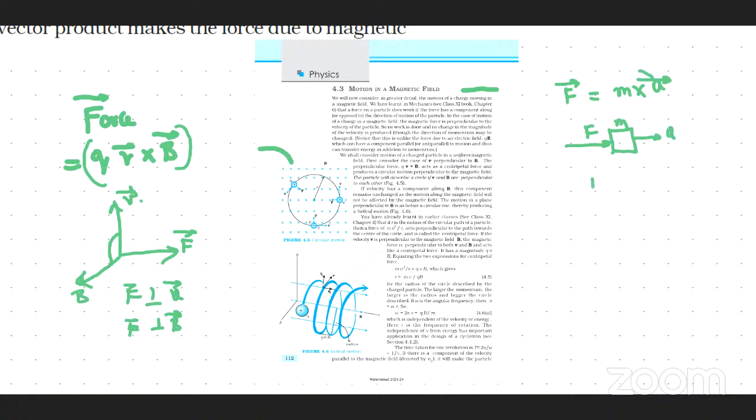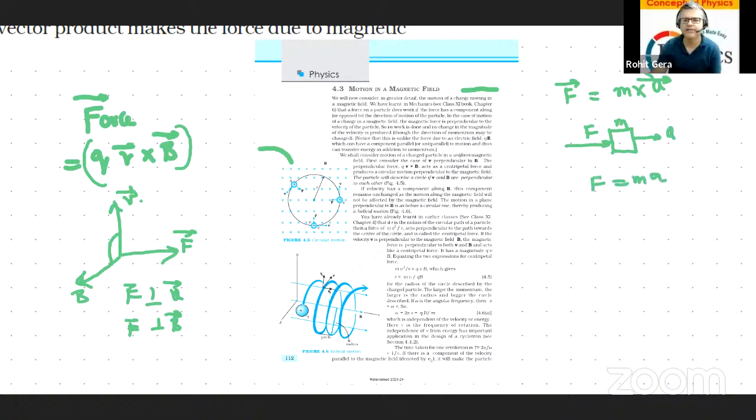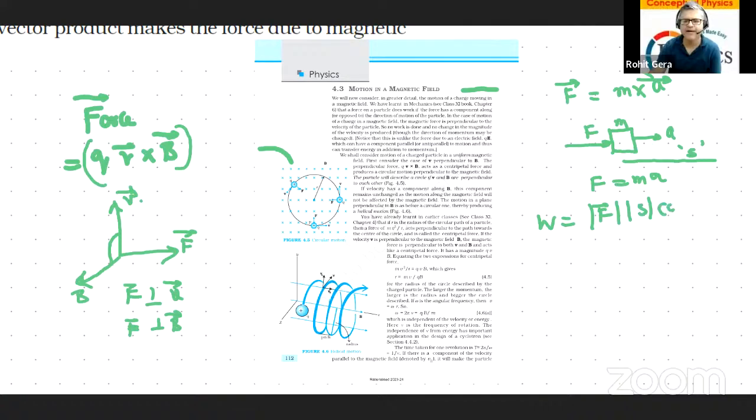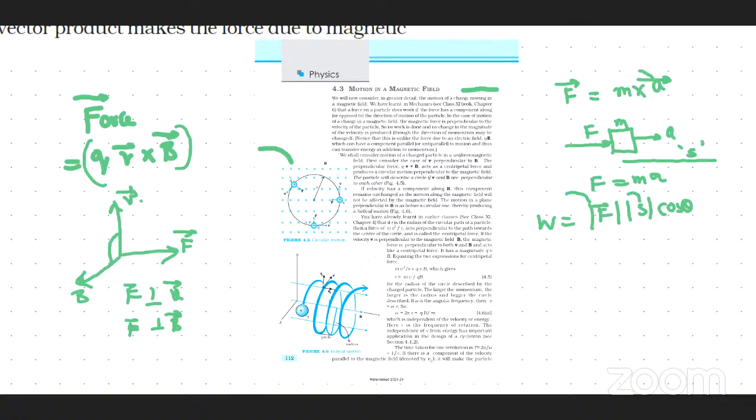And since you're accelerating the body, and supposing the body covers a distance s, the work done is given by the dot product of force and displacement, which means the angle between the force and displacement matters.